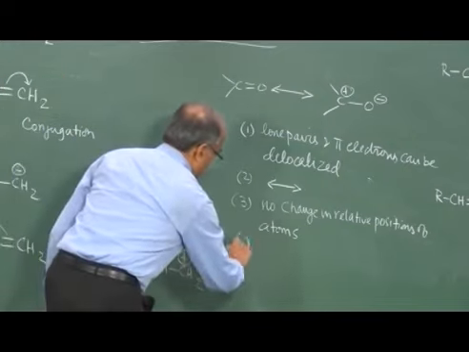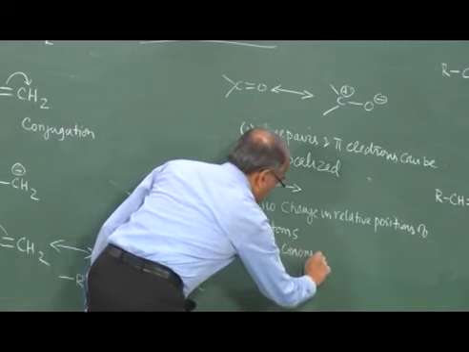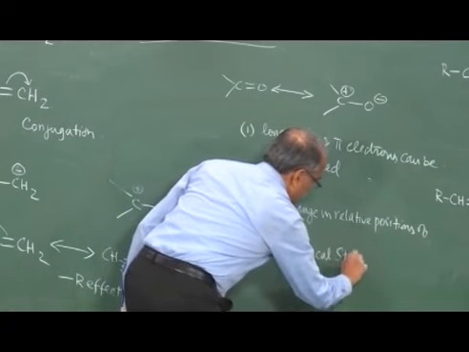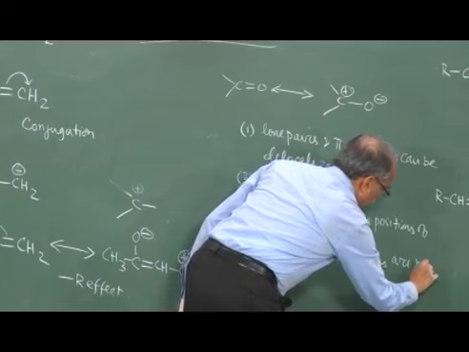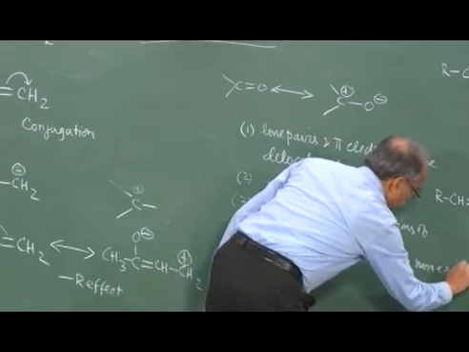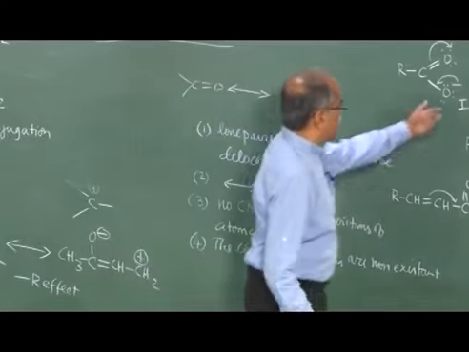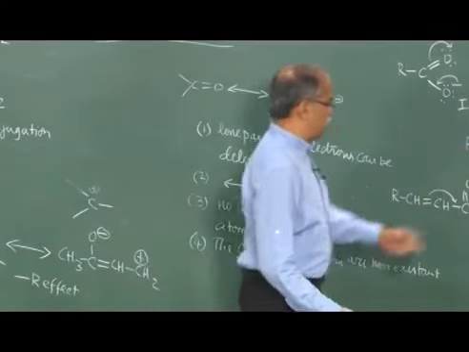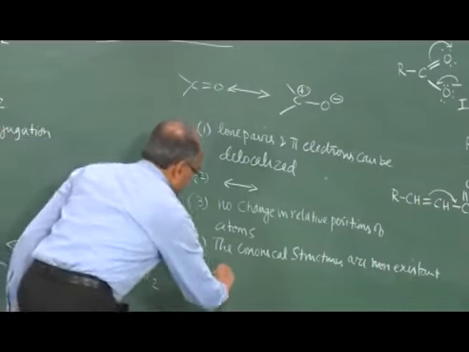Fourth point is the canonical structures are non-existent. In other words, the individual structures are non-existent. It is the hybrid structure which represents the overall structure and the reactivity.